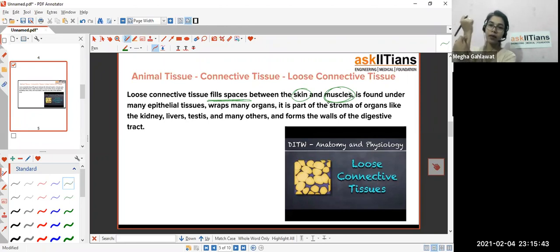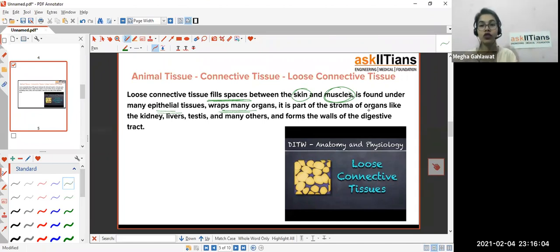In between them, all I have is the connective tissue holding everything together, and they're found under the epithelial tissue, that is the skin or different tissues on the lining of surfaces, and they wrap multiple organs, as in they're present all around the organ and hold it in one place.